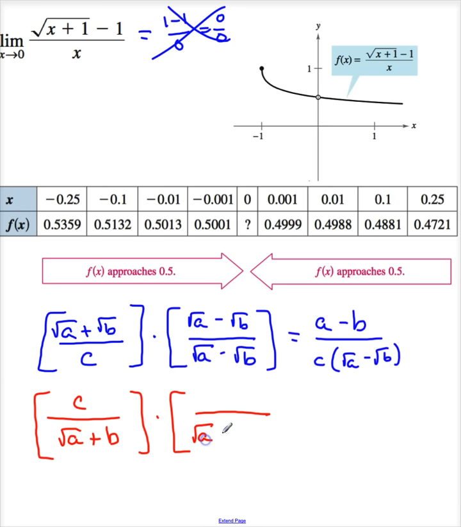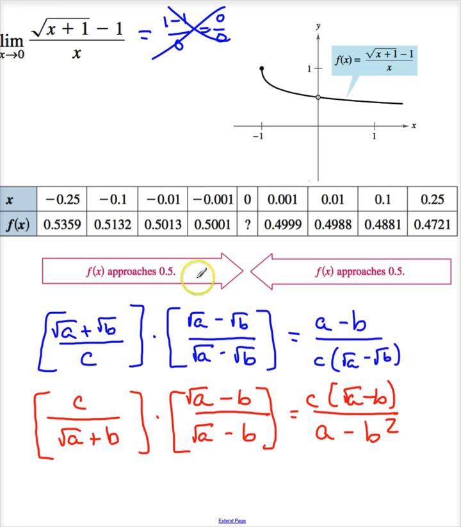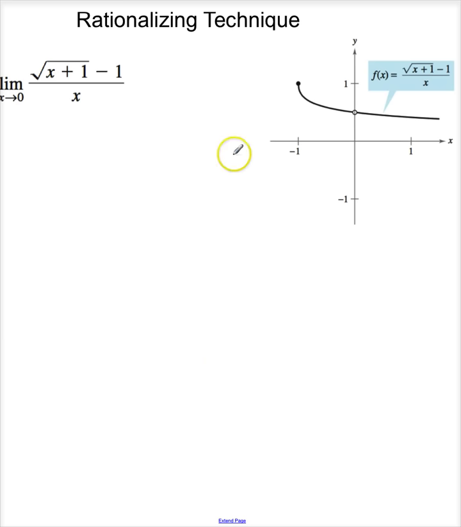So this is the square root of a minus b, and I have to multiply by the same thing in the numerator. So this is c times the square root of a minus b divided by, now this becomes a minus b squared. So you may need to review some of your rationalizing techniques. Let's look at this problem.